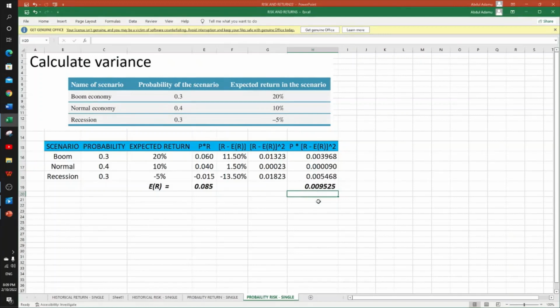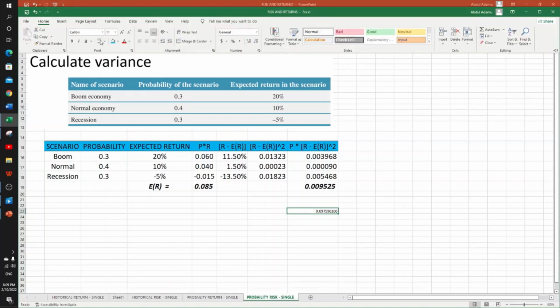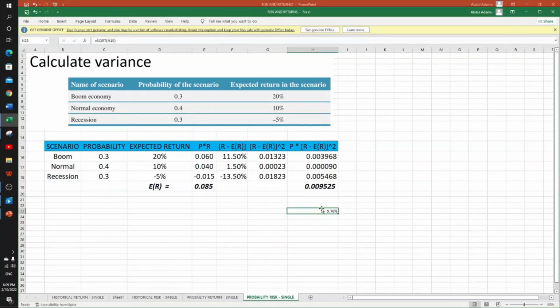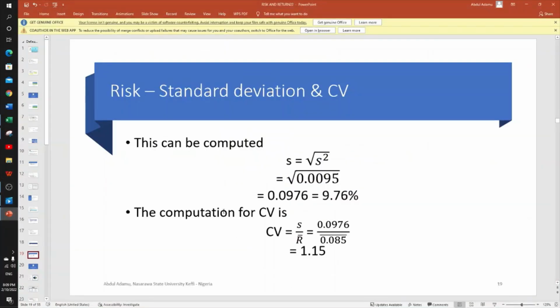So here, we want to take the square root of this value, enter. This is what we got. I express it as percent, 9.76%. So that is the value for our standard deviation.